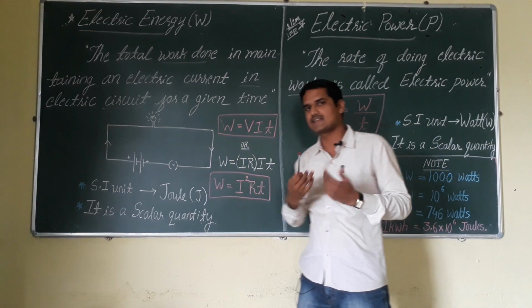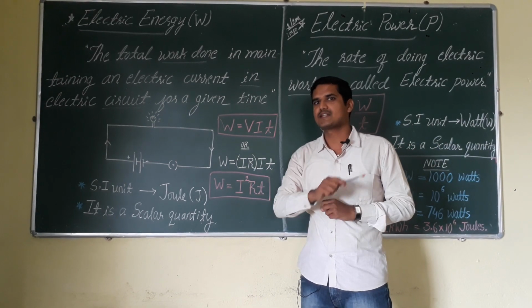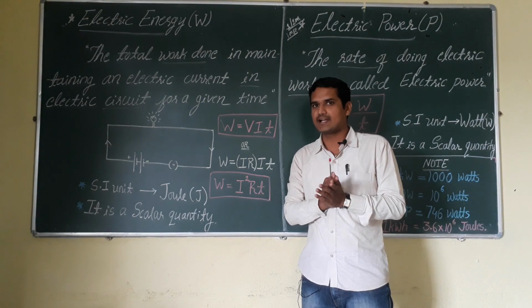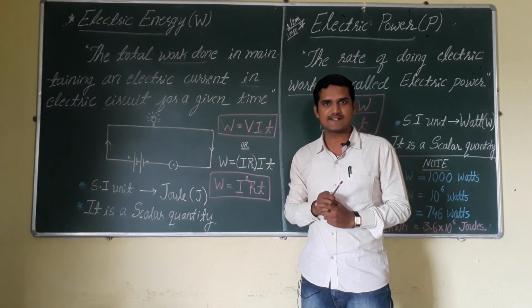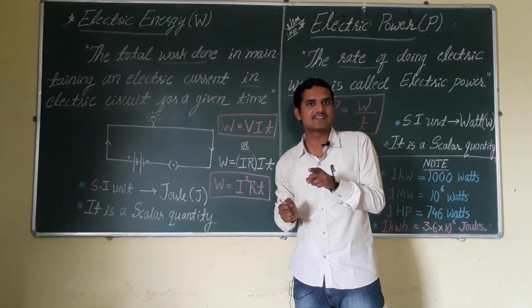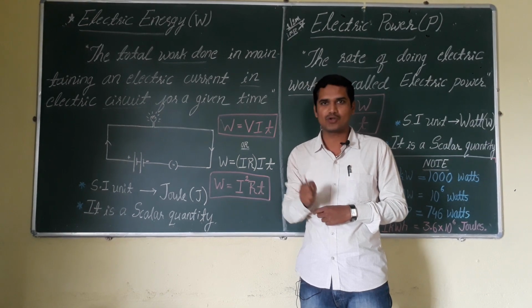You can also write the same expression another way. You already know Ohm's law, right? Ohm's law says the current flowing through a conductor is directly proportional to the potential difference applied across its ends, provided the temperature and other physical conditions remain constant. And you know the expression V is equal to IR.